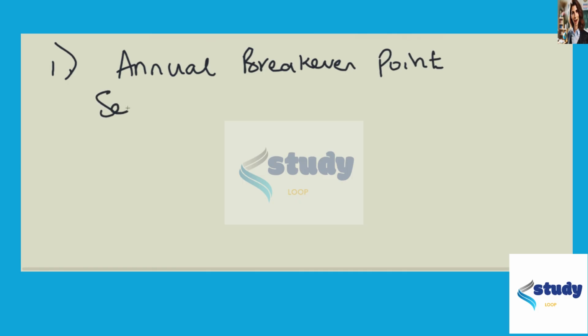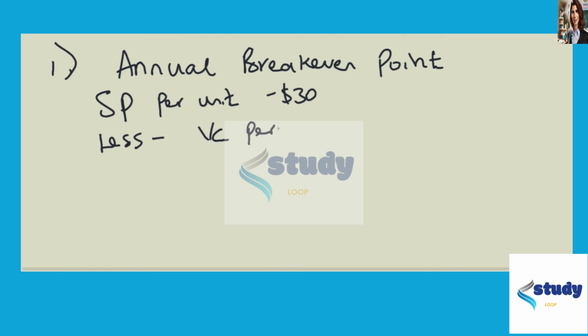So we have annual break-even point. So first of all, the selling price per unit, SP per unit, is $30 from the table. Then we subtract or less the variable cost per unit.